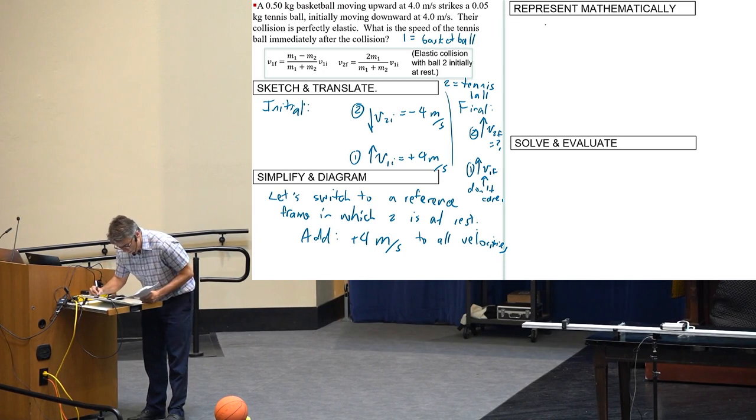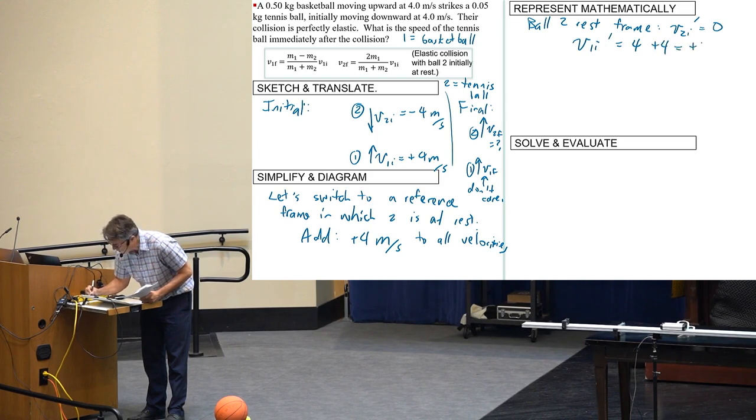So all we do is, ball 2, rest frame. I can put little tick marks to remind us that we're in this weird frame. V2 initial tick mark equals 0, and V1 initial tick mark is equal to 4 plus 4. So now the basketball is moving up at plus 8 meters per second in that reference frame. Now you just use the equation we want, which was on your aid sheet.